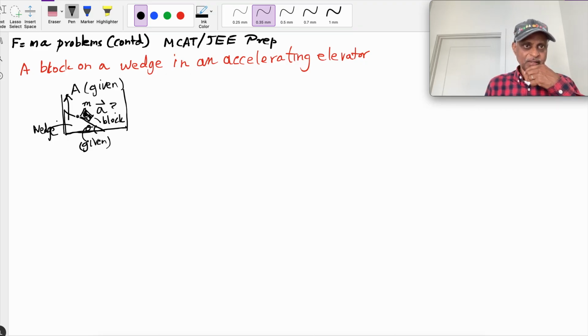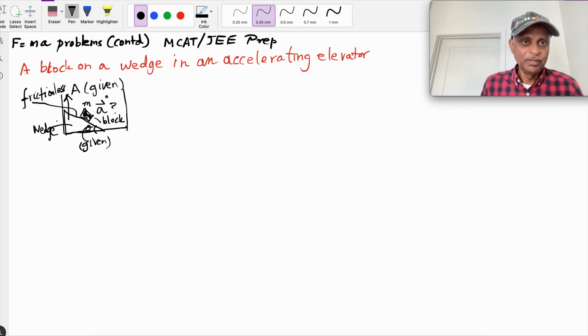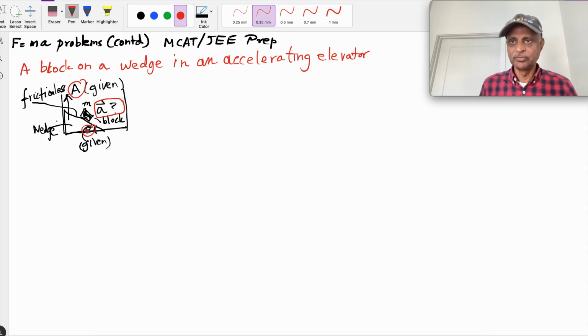This surface we're going to take as frictionless. Now, this angle is given, and we want to find the acceleration vector of that block.